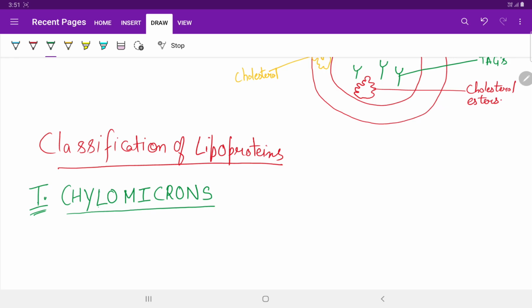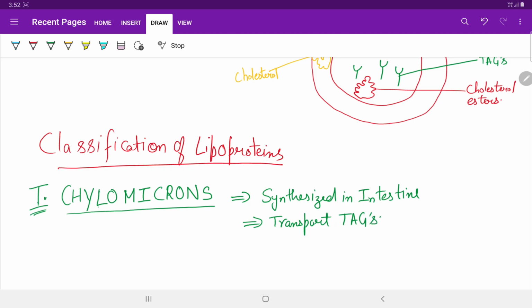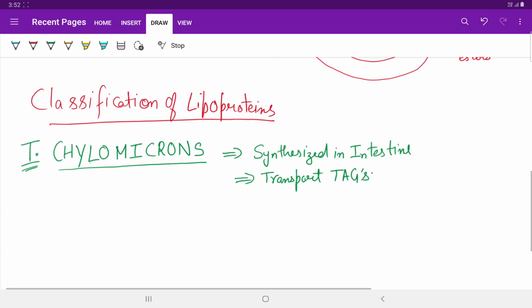So, what are these chylomicrons? They are synthesized in the intestine and transport exogenous triacylglycerol to various tissues. So, these are synthesized in the intestine and help to transport the exogenous dietary triacylglycerols.